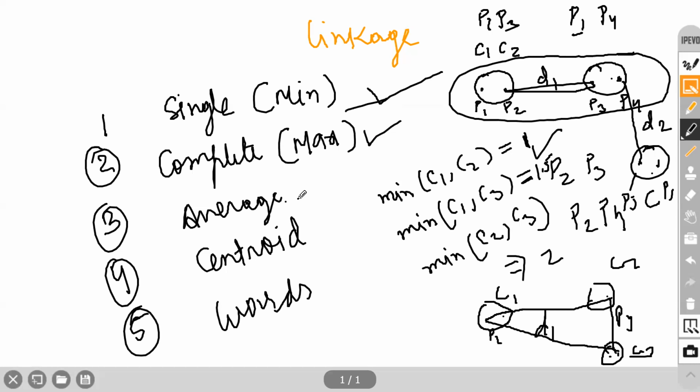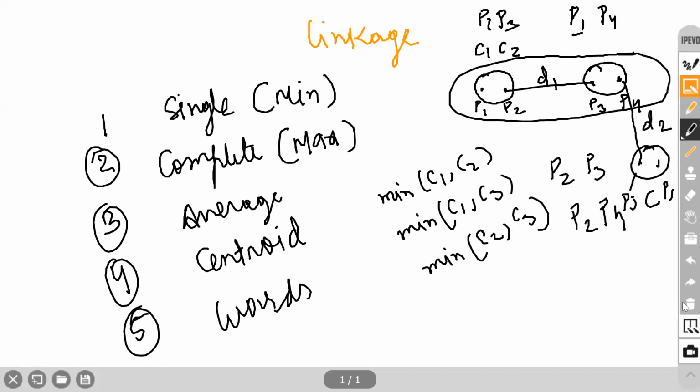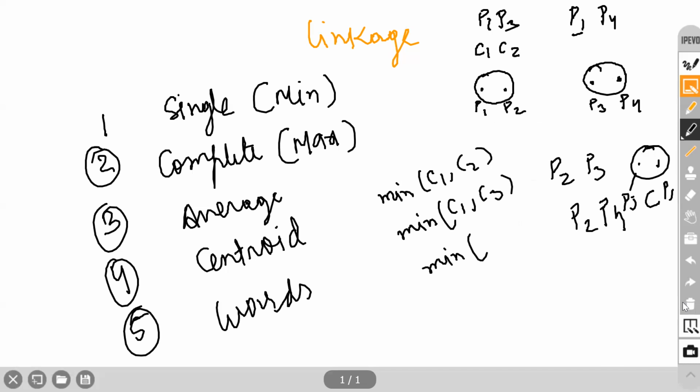So now the third point is the average. Average is that we calculate all the distances between the clusters. Let me remove this. One second, just hold on.